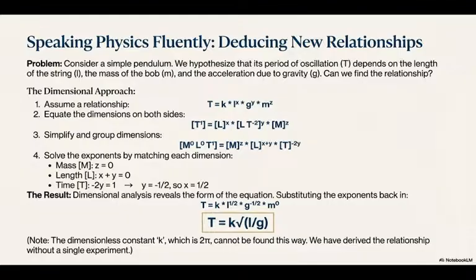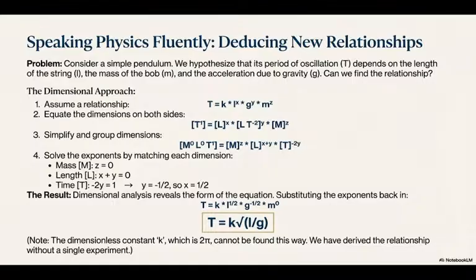The result: dimension analysis reveals the form of the equation. Substituting the exponents back in this, what we get is T is equal to k l to the power half and g to the power minus half, right? And what we get is that T is equal to k root over l by g, right? The dimensionless constant k, which is 2 pi, cannot be found this way.